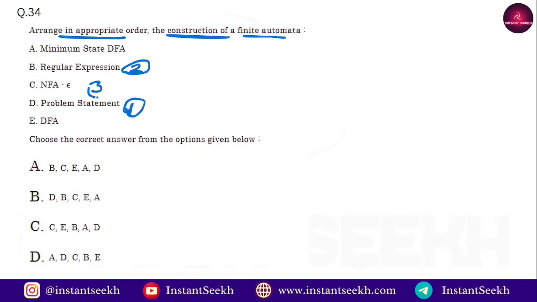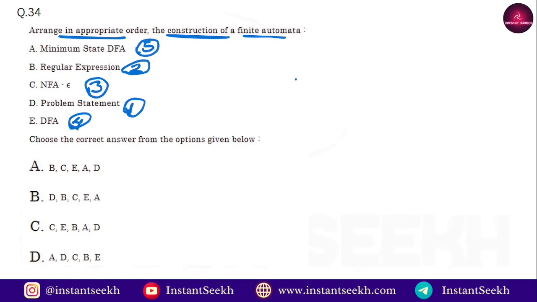This becomes your third step. After this, the NFA is converted into a DFA, that is, a deterministic finite automaton. Finally the DFA is minimized to produce a minimum state DFA, which has the least number of states required to recognize the same language. So this comes last.